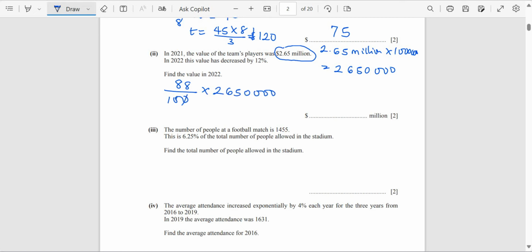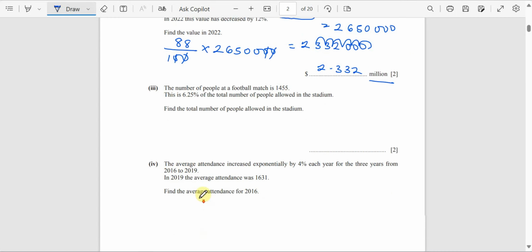We can actually cut out the zeros. So let's multiply using our calculator. This would give us 2,332,000. Since we already have million here, we need to divide by 1, 2, 3, 4, 5, 6 places. So the answer is 2.332 million.